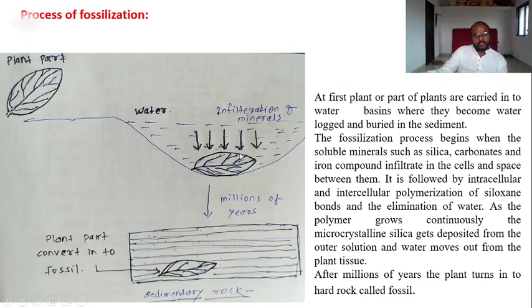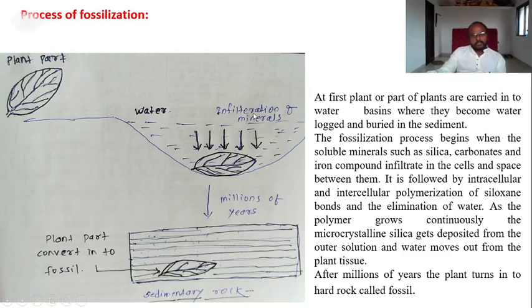In a simple way, the mineral matter infiltrates the tissue of the plant part, and the soft tissue is eliminated. The water is also eliminated from the hard tissue, and this process continues. That means the infiltration of the mineral continuously forms a hard structure.